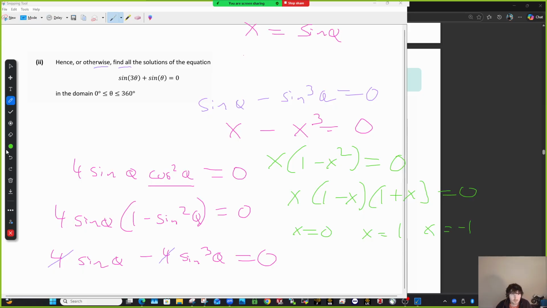And so we have loads of solutions to that there because remember x here is sine theta. So we're asking ourselves, when does sine theta equal 0? When does sine theta equal 1? And when does sine theta equal minus 1? And we should know this is all unit circle stuff now because we know our unit circle.